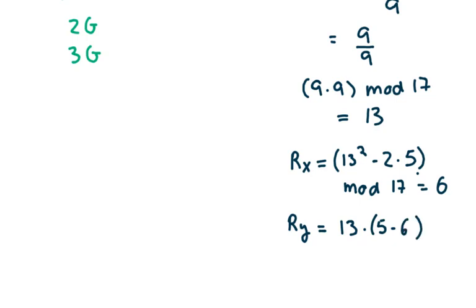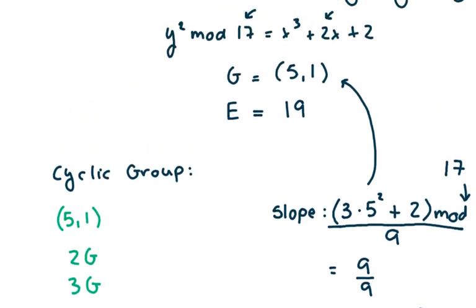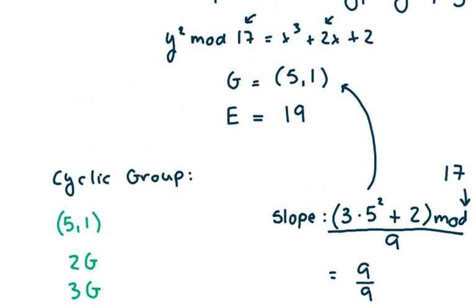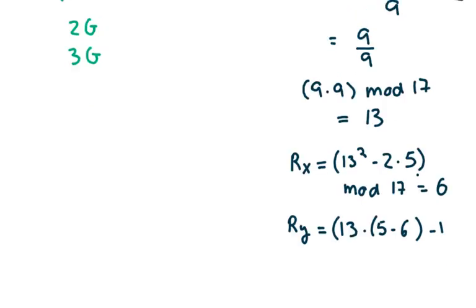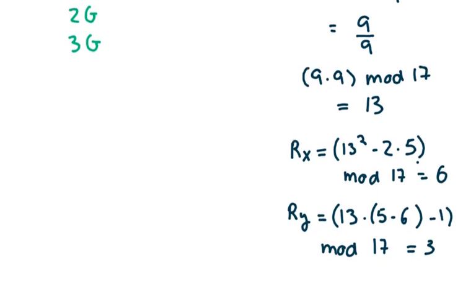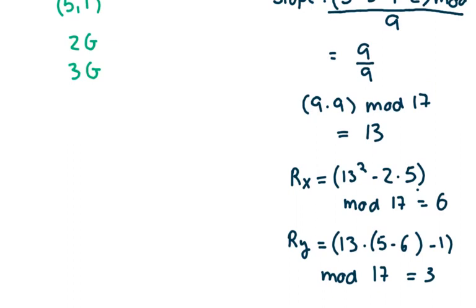And that entire thing minus the y-coordinate of point x, which, if we go all the way back up here, is 1. And now this entire expression, modulo 17, and the result of this is 3. So we found that the point 2G has the coordinates of 6, 3.